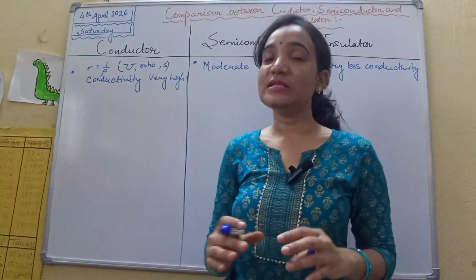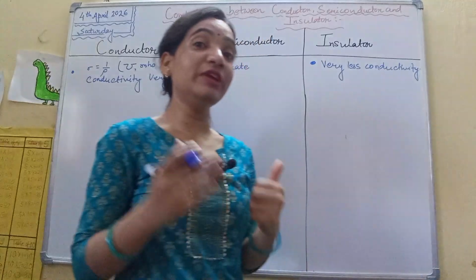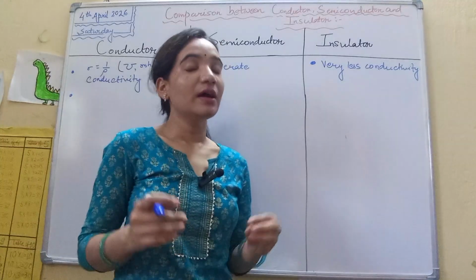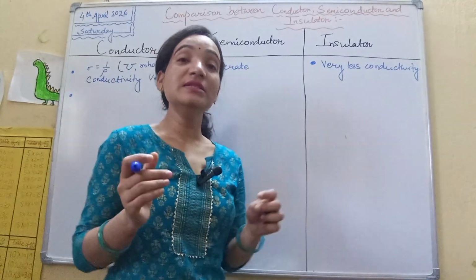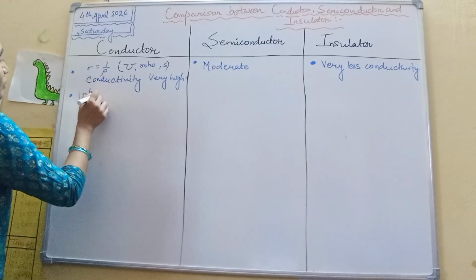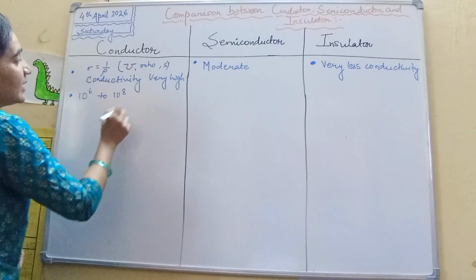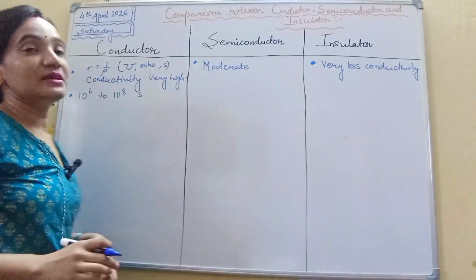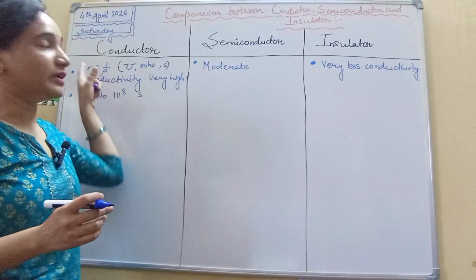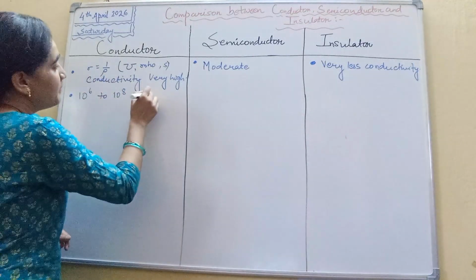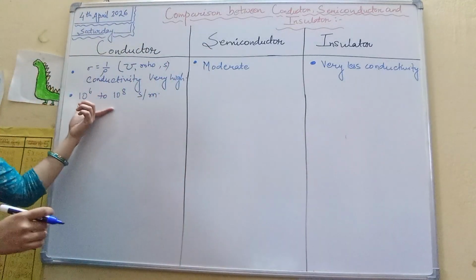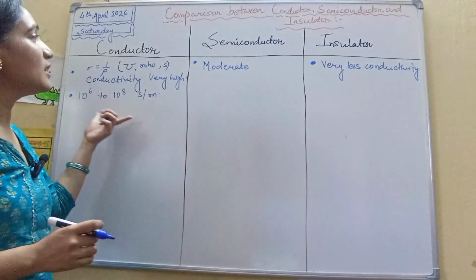Now let us see how much the conductivity value is. The conductor, having high conductivity, has a conductivity value that lies from 10 to the power of 6 to 10 to the power of 8 Siemens per meter.